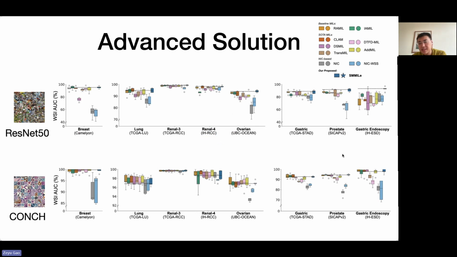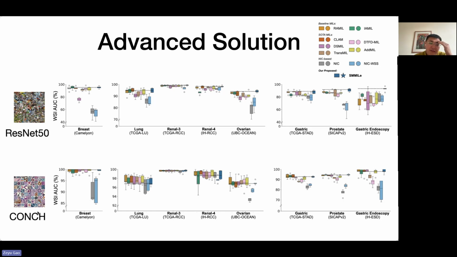So based on our analysis, you can see that in the old days, if you use ResNet pre-trained on ImageNet, the performance of different machine learning models had some benefit if you had a very good machine learning model.